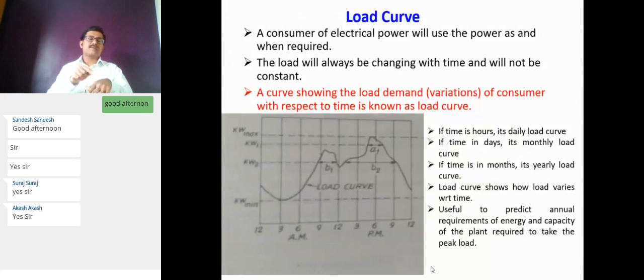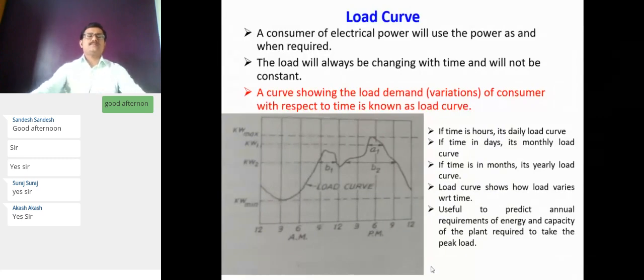For example, in the diagram shown in the bottom left corner, the duration taken into consideration is 12 a.m. to 12 p.m., that is 12 to 12, isn't it? 24 hours. From 12 midnight to 12 noon, and from 12 noon to 12 midnight.